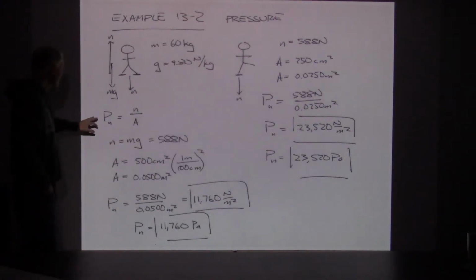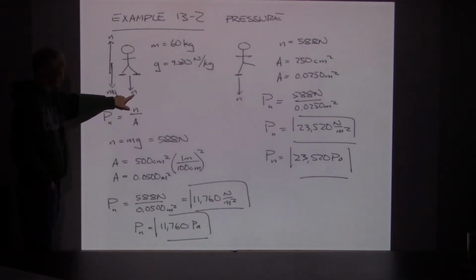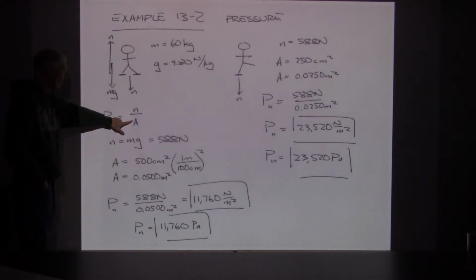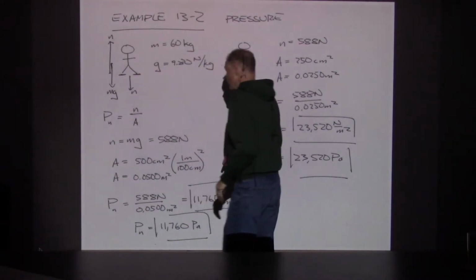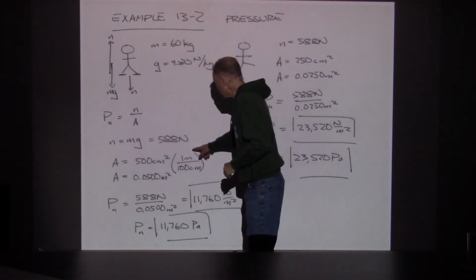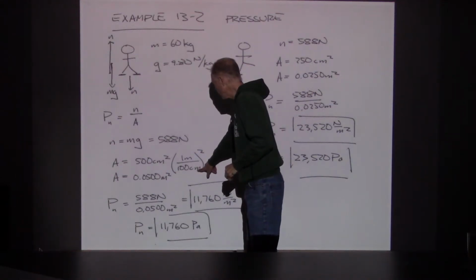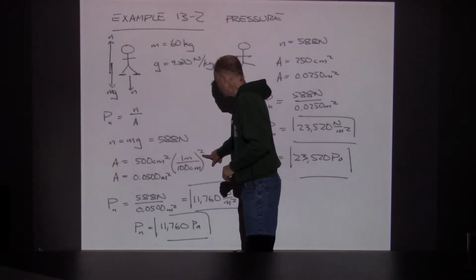And then in more detail, we can say what is the pressure associated with that particular force. I can take that force and spread it out over the area. Now the area they told us was 500 square centimeters. And so I have to do the 1 meter over 100 centimeters and square it this time.